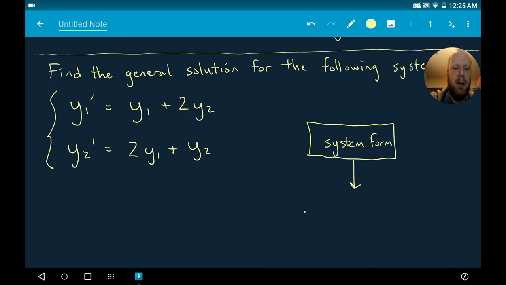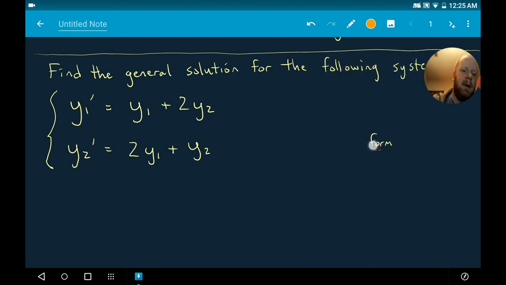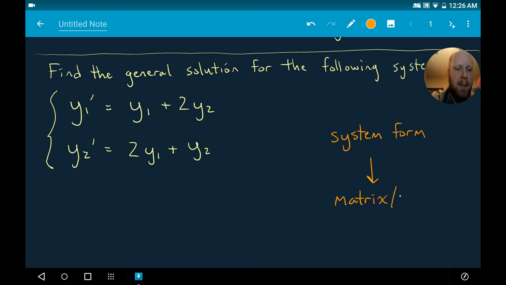The first thing we want to do is convert it into matrix and vector form. So we have the system form. I want to convert that into matrix vector form.